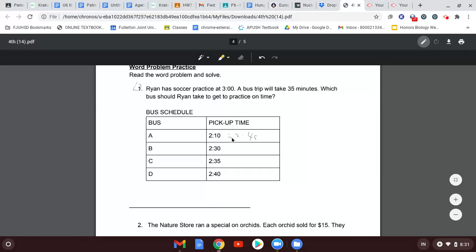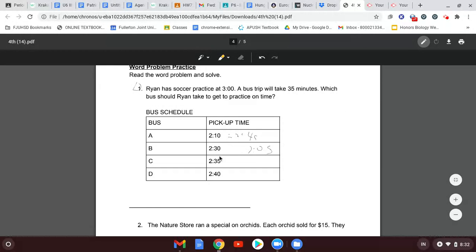You always want to be at your practice earlier or on time. If you add 2:30 plus 35, that would mean he'll arrive at 3:05. Remember, we're talking about time, so it's 60 minutes.